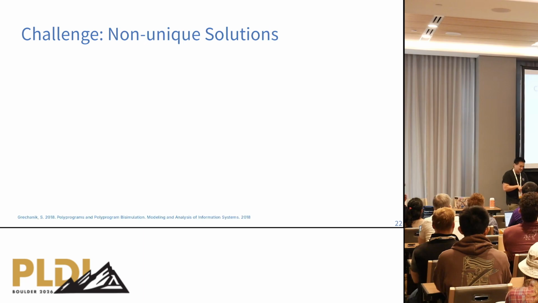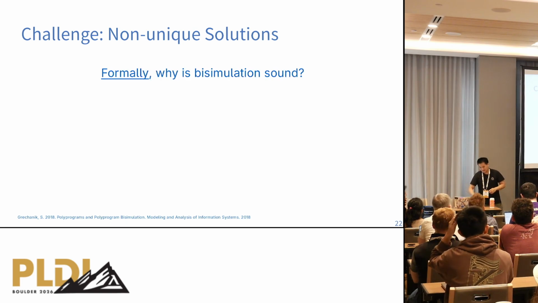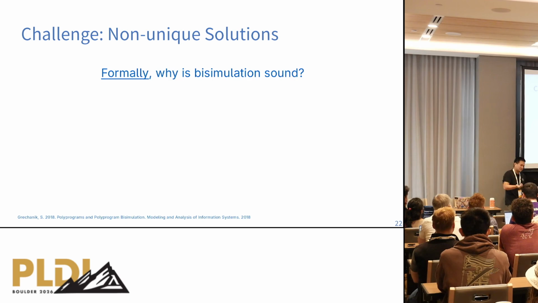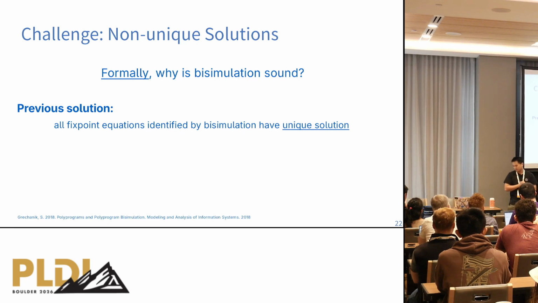The third challenge is non-unique solutions. We have a little taste of this. Formally, why is bisimulation sound? Previously, the explanation is that we restrict our semantic domain to a very small subset of programs, where all the fixed point equations have unique solutions.